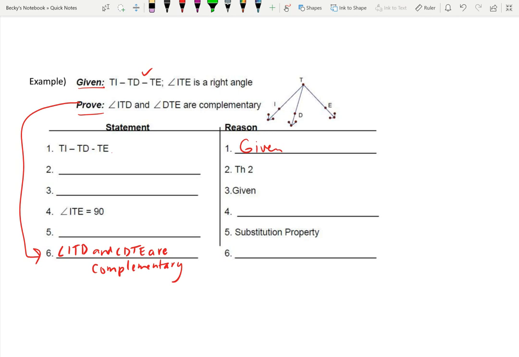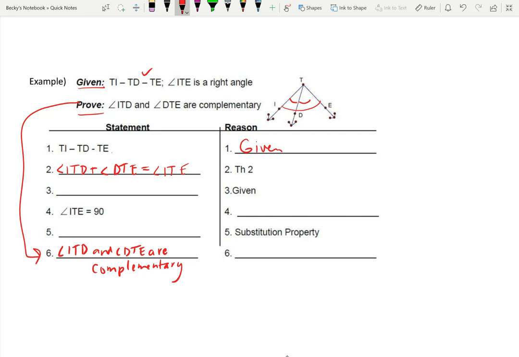Now remember, the part that you would write is the little angle here, and that is ITD. And yes, you could write DTI, but T has to be in the middle. And the next little angle here, which is DTE, is equal to the total, which is angle ITE.